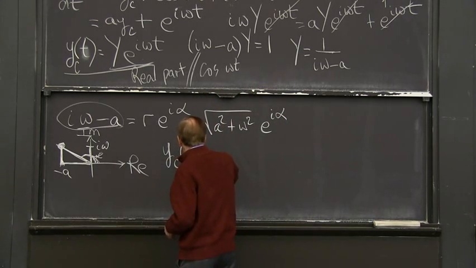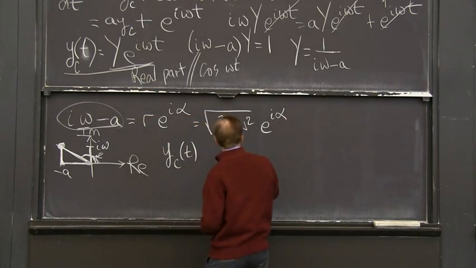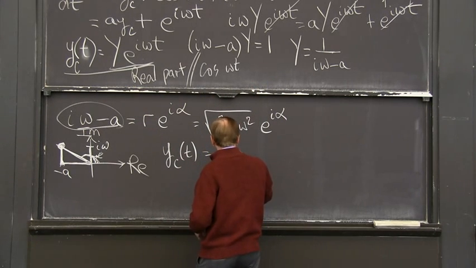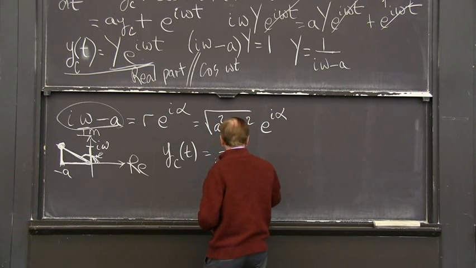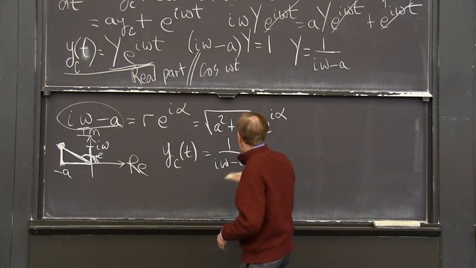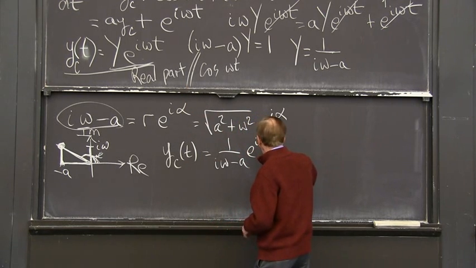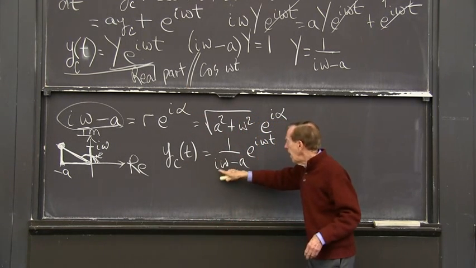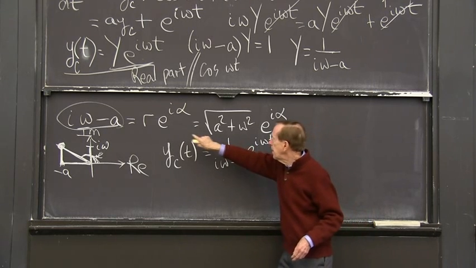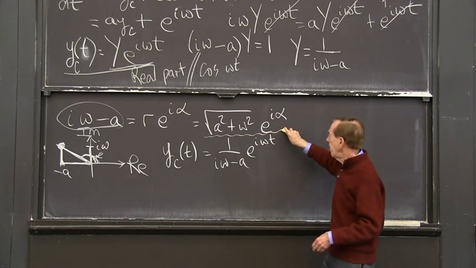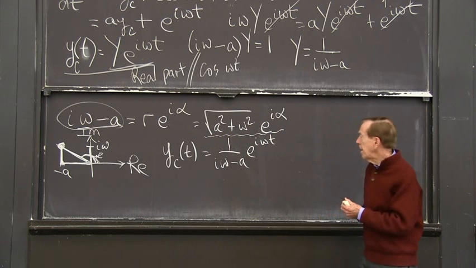Y complex was this Y, which was 1 over I omega minus A, and e to the I omega t. That's what we had. But now I omega minus A we have in this nicer form. I can divide by that.